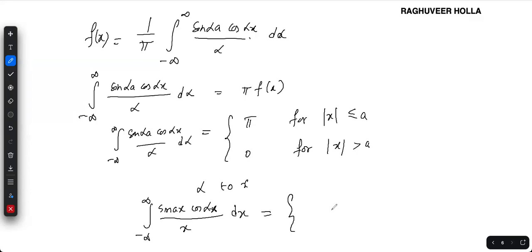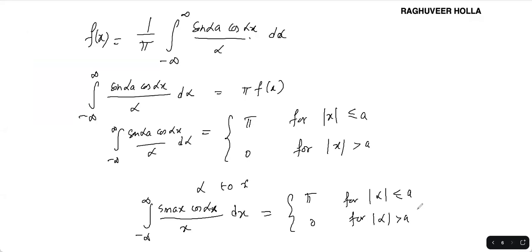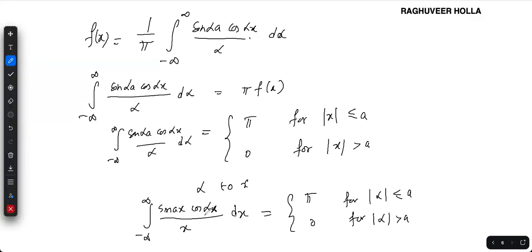So we got this result: pi for alpha less than or equal to a, and 0 for alpha greater than a.